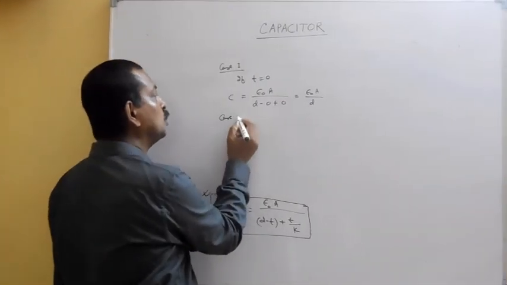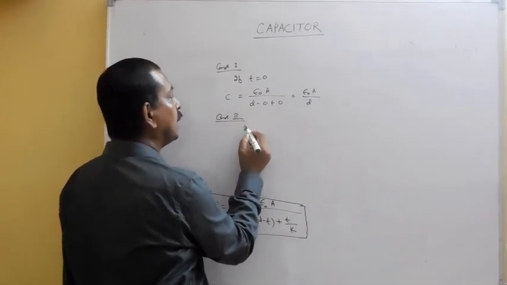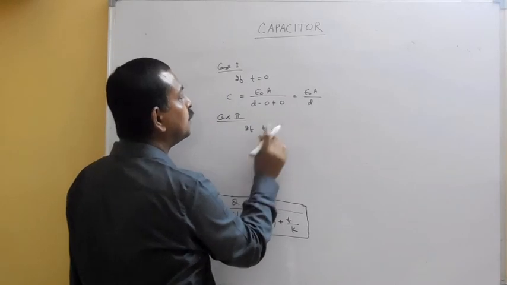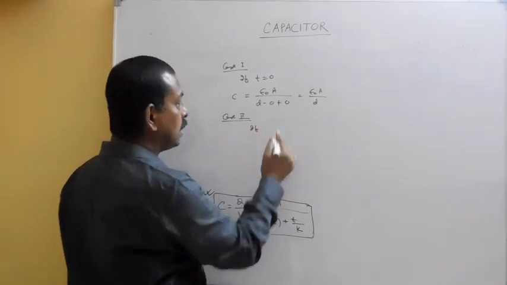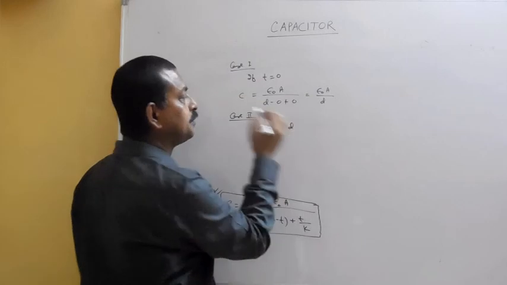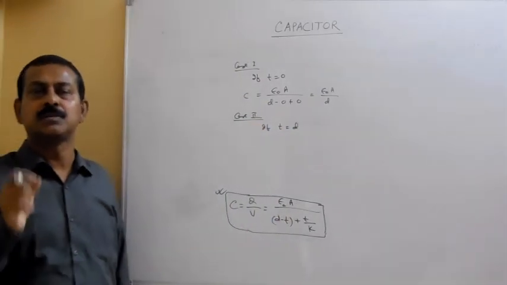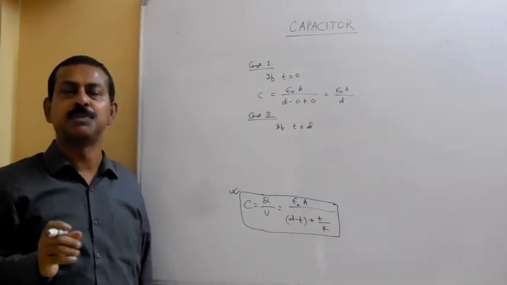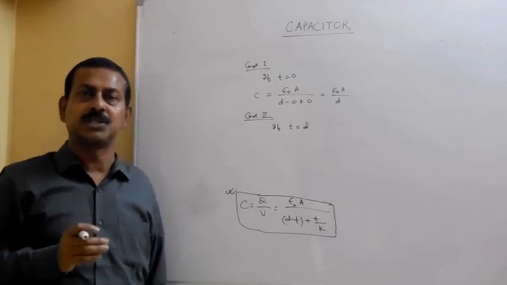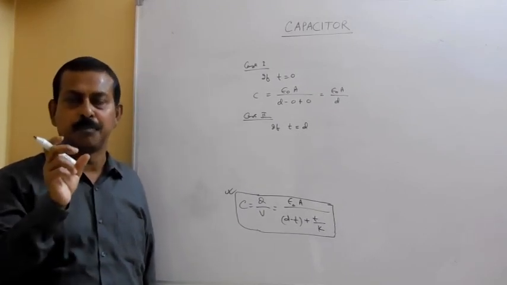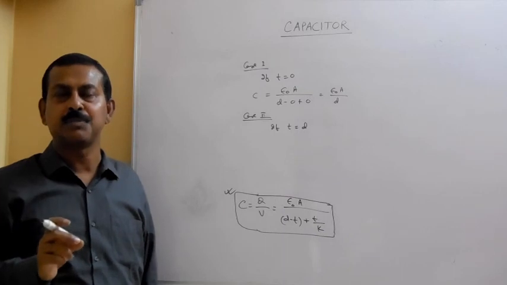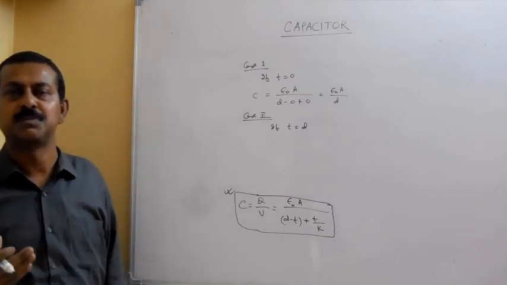Let's take case 2. Suppose T equals D, that means the slab is completely filling the gap between the plates of the capacitor. So it is as good as the capacitance of a parallel plate capacitor with a dielectric medium between the plates.